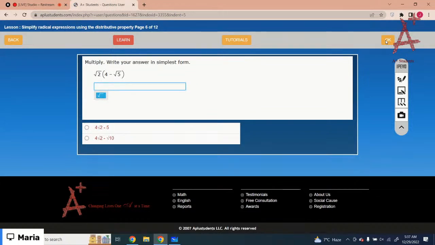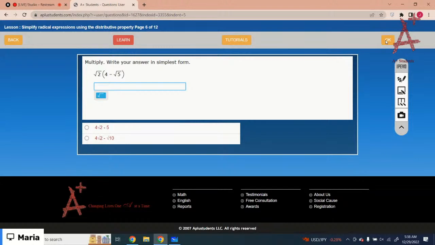Option 1 or option 2? The correct option is the second one.